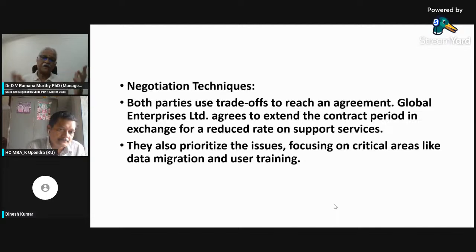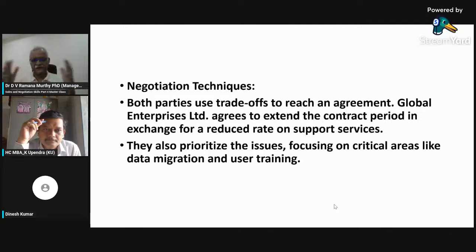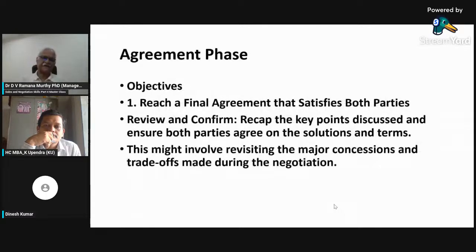They may also come in saying certain prioritized issues, like data migration, user training, disruption handling, and all. So all these will be in a dialogue scenario. You have to negotiate clearly and then complete the sales deal. And the last phase is the agreement phase.